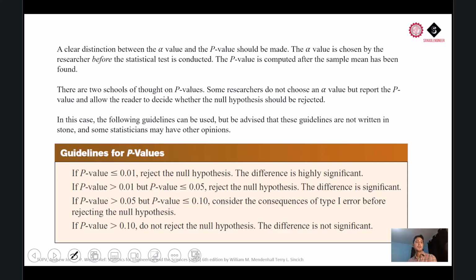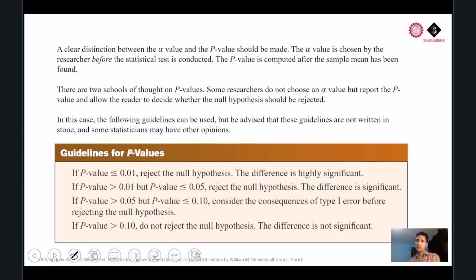So let's continue. A clear distinction between the alpha value and the p-value should be made. The alpha value is chosen by the researcher before the statistical test is conducted. The p-value is computed after the sample mean has been found. That's what we did. There are two schools of thought on p-values.